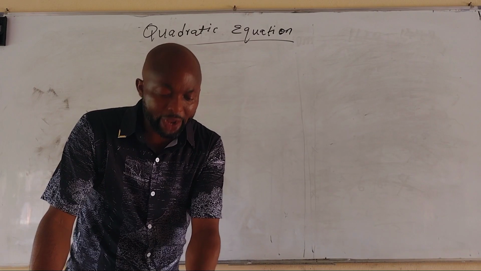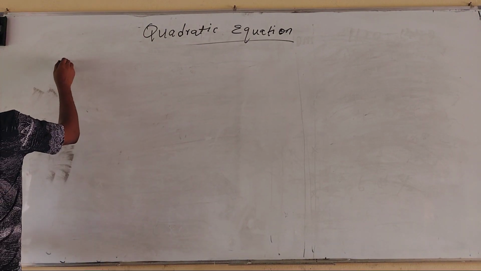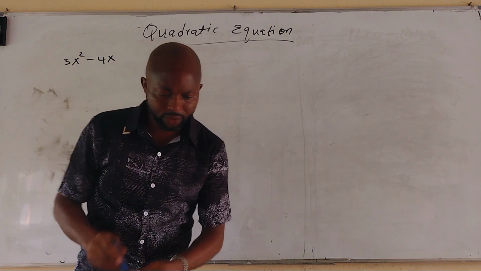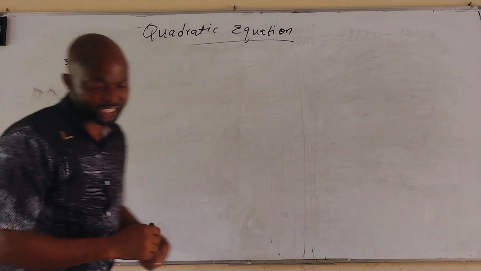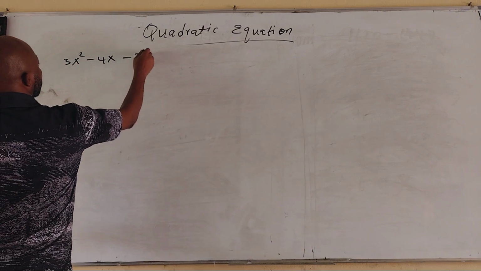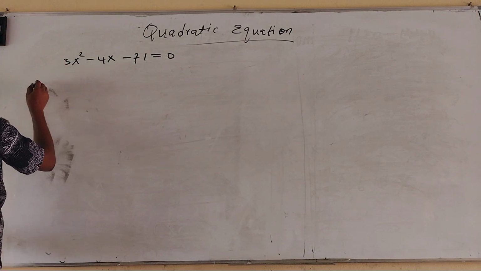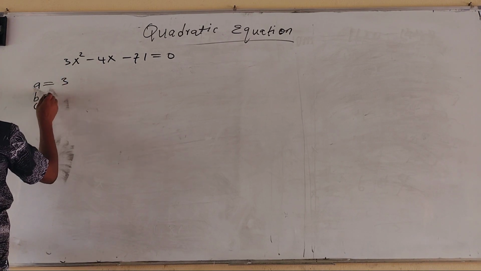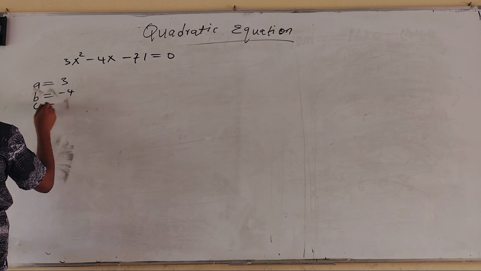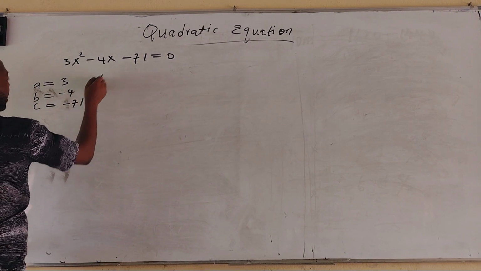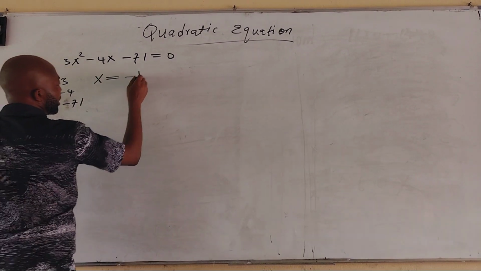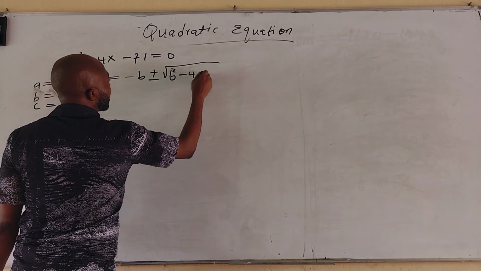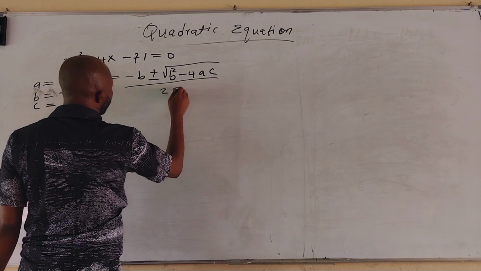We have 3x squared minus 4x minus 71 equals 0. a, b, and c: a is 3, b is minus 4, and c is minus 71. x is equal to minus b plus or minus the root of b squared minus 4ac, over 2a.